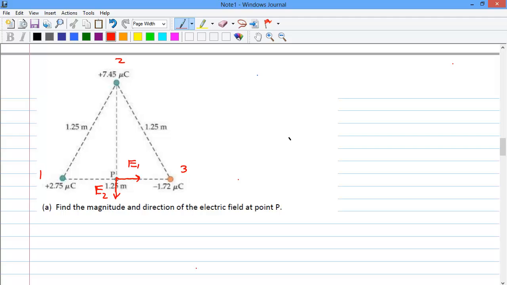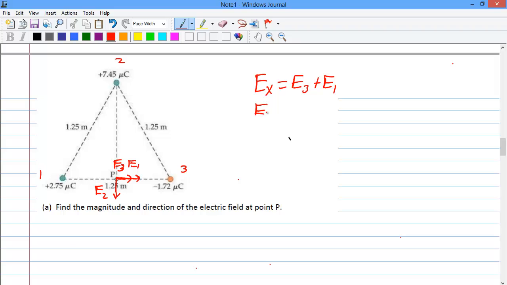And then lastly, charge 3 would attract a positive charge at point P, so it would also point to the positive x direction, to the right. So by looking at this picture, I know that the x component of the net electric field has to be due to E3 plus E1.